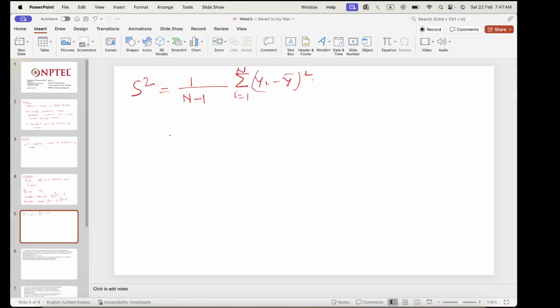If this is the population and this is mu, we tried to estimate mu with the sample mean, that is 1 by small n summation i equal to 1 to n yi.